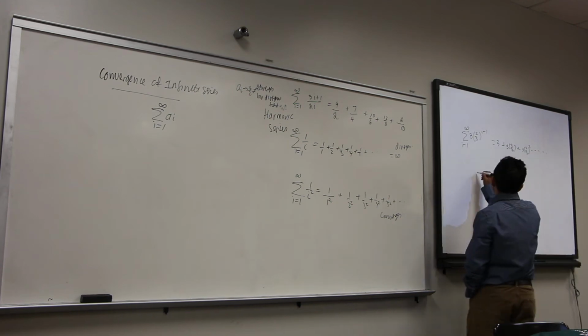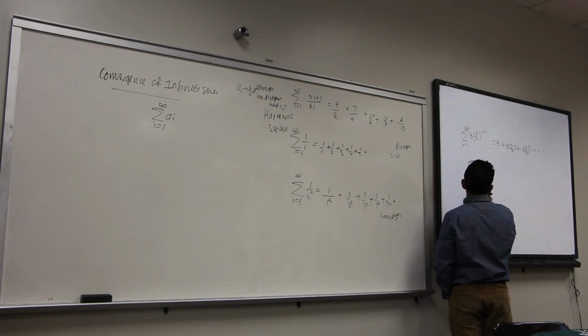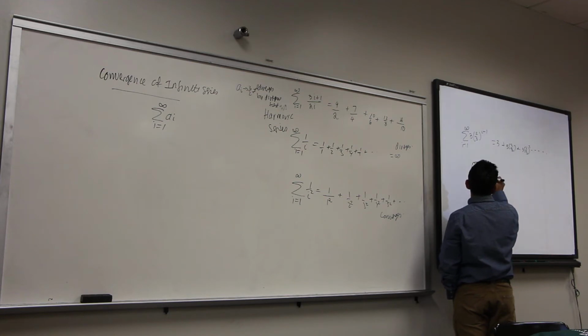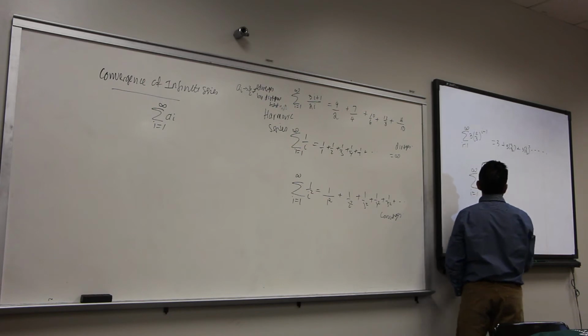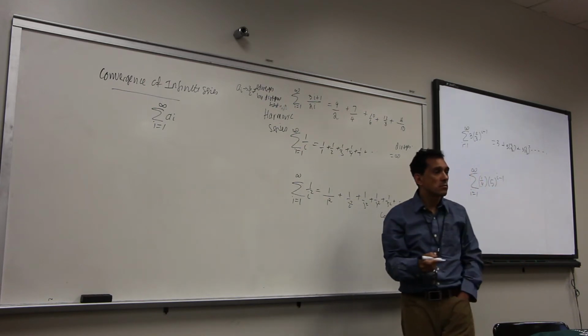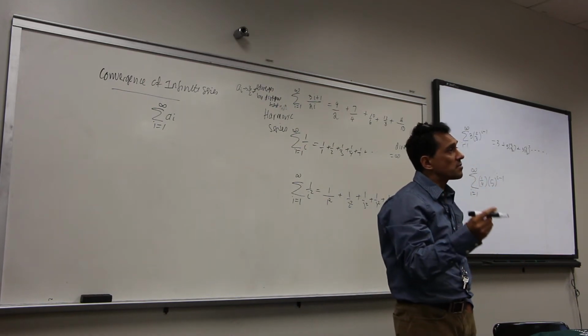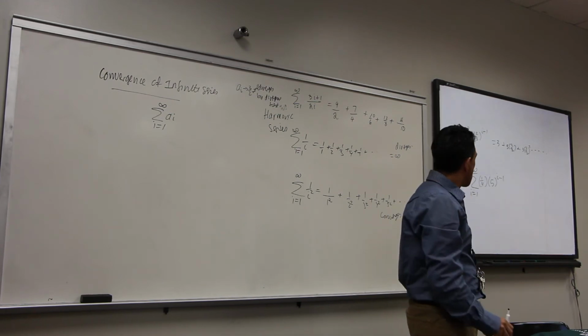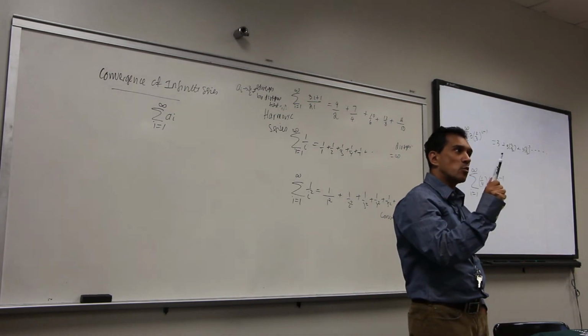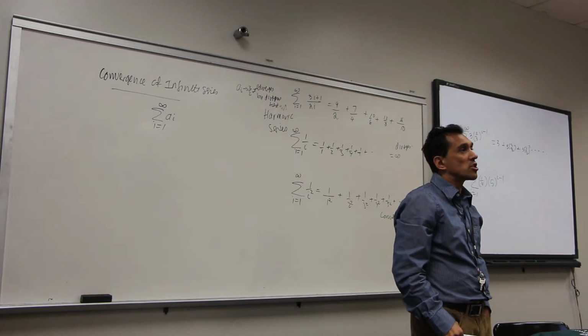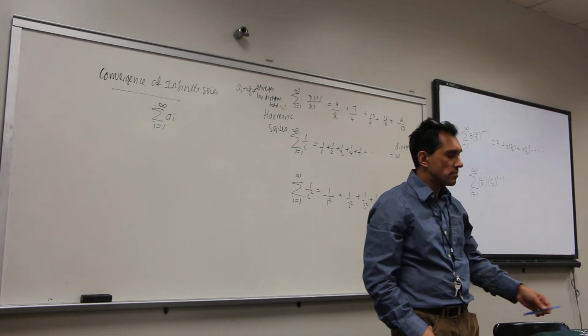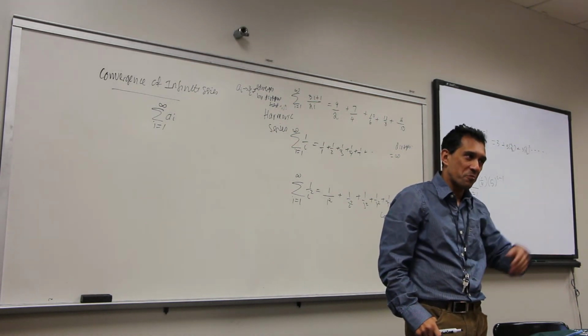How about this one? Divergent because it's a geometric series with a common ratio bigger than 1. That is to say, the terms don't go to 0.